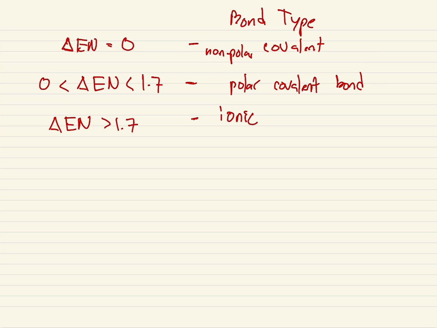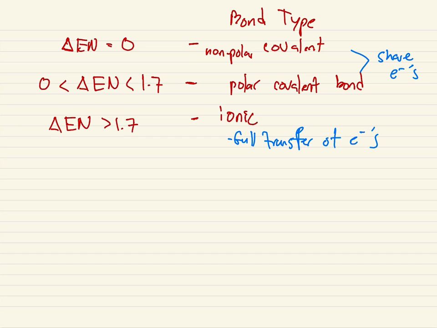So this was a full transfer of electrons. In both of these cases, we share electrons. The difference between polar and nonpolar is that nonpolar is shared equally, and for polar, we share them unequally.